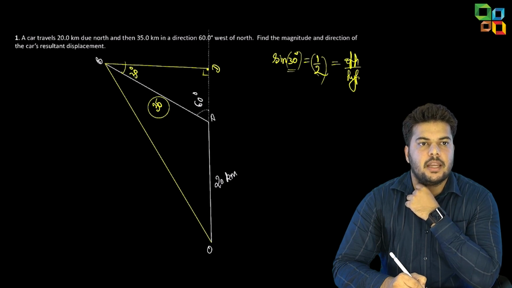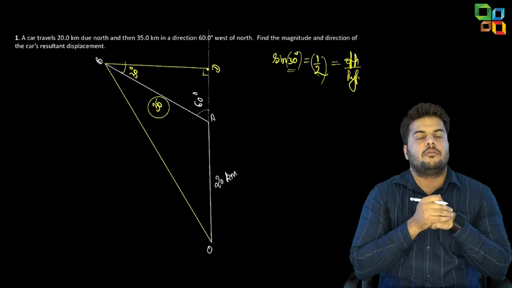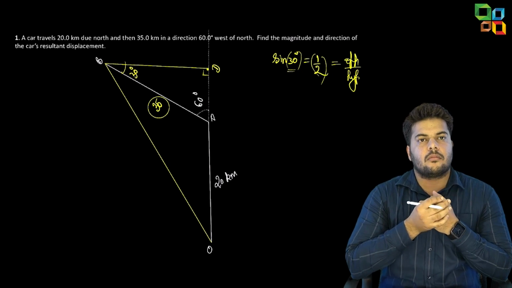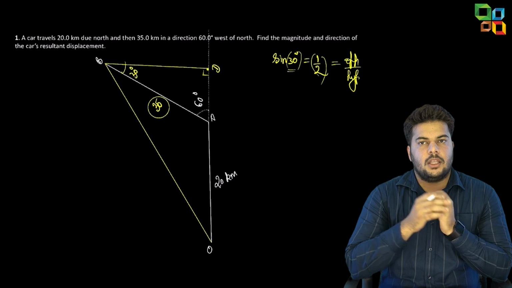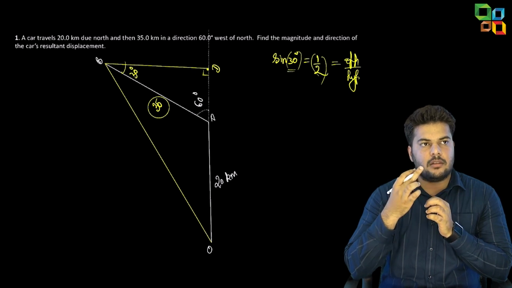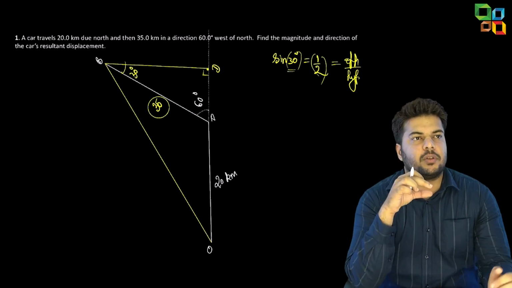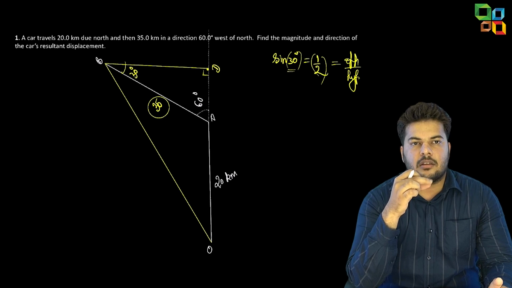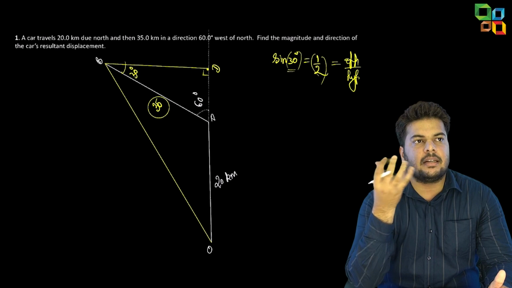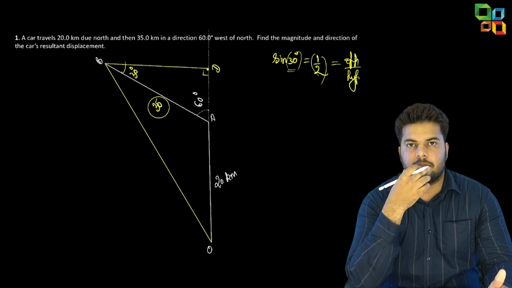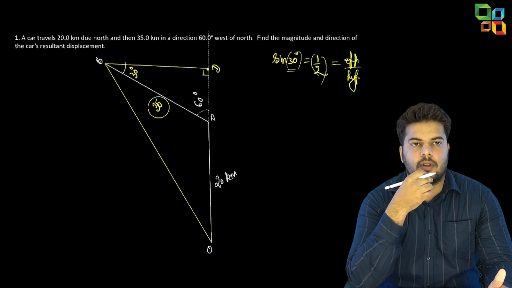Anirudh, what is AD? In the 30, 60, 90 triangle, the side opposite to the 30 degrees is half of the hypotenuse. That's what sine 30 equal to half means. Hypotenuse we know, 35. What is AD? The opposite side to 30 degrees is what I'm asking.